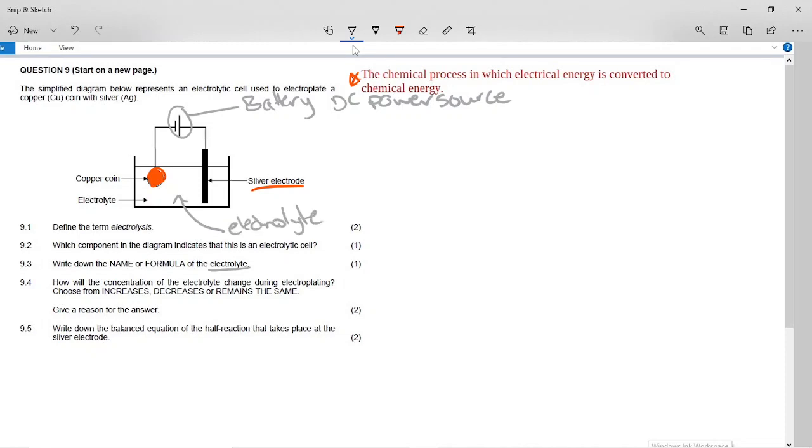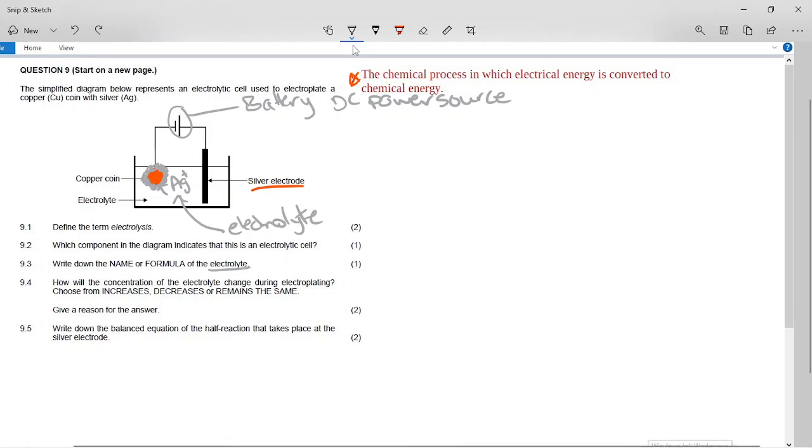So when we want to figure out what the electrolyte is, we have to figure out what we are trying to do. In this situation, we are trying to put a layer of nice expensive silver on top of our nice cheap copper. So how do we do that? You have to have silver ions in solution that get attracted to this electrode, because this electrode will be the negative electrode.